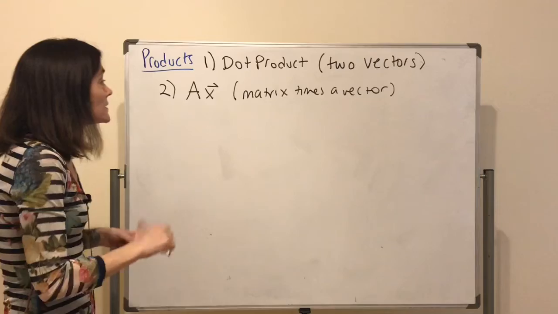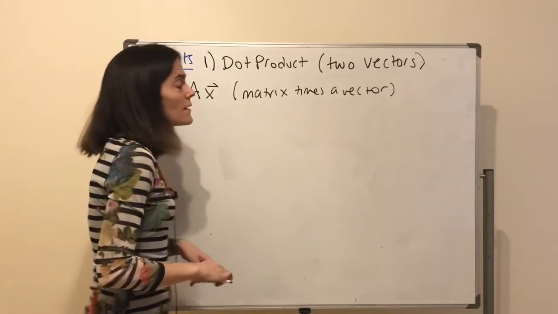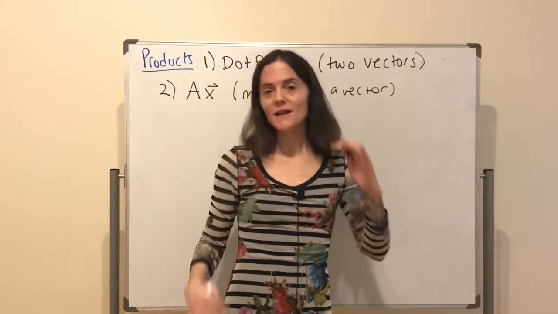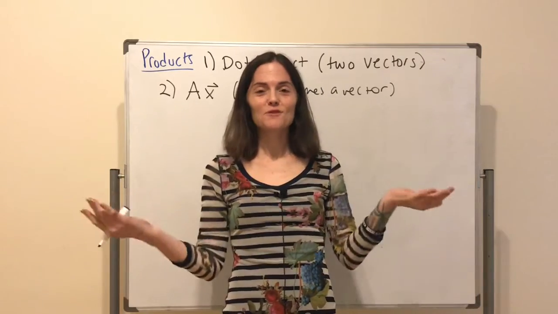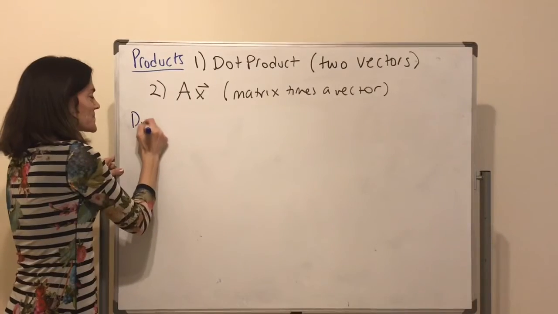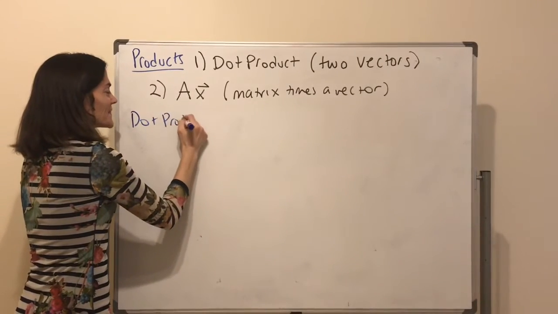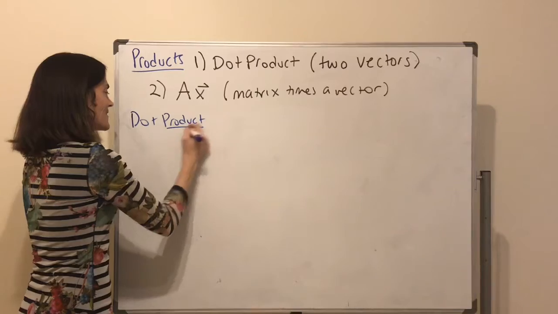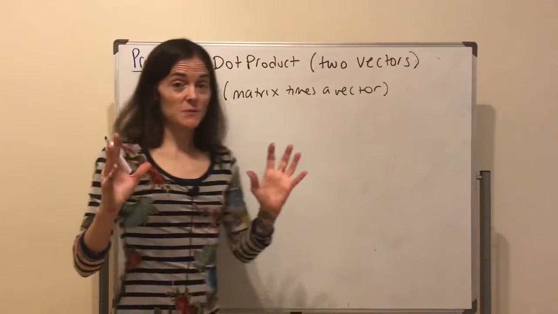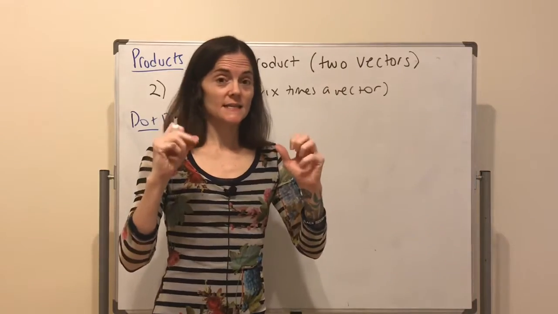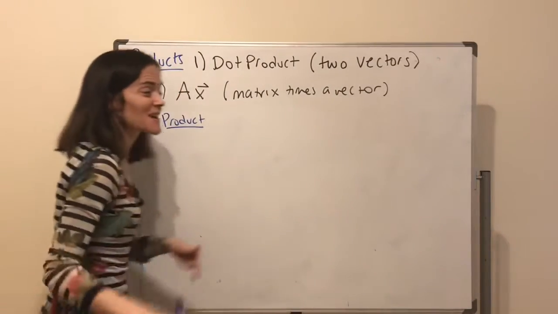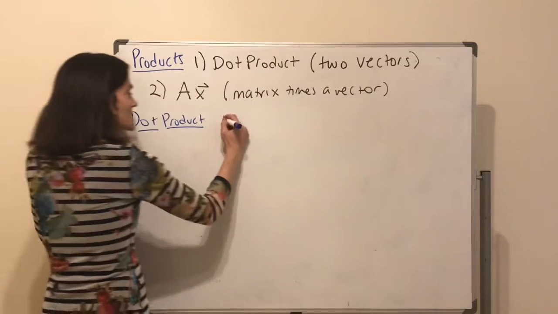Now, what is the dot product? Well, this came up in our last homework a little bit. It was defined, you had to use it, but we will go through it again, or more now. For the dot product, it's one of the products, but the one we are talking about today, for two vectors, okay?